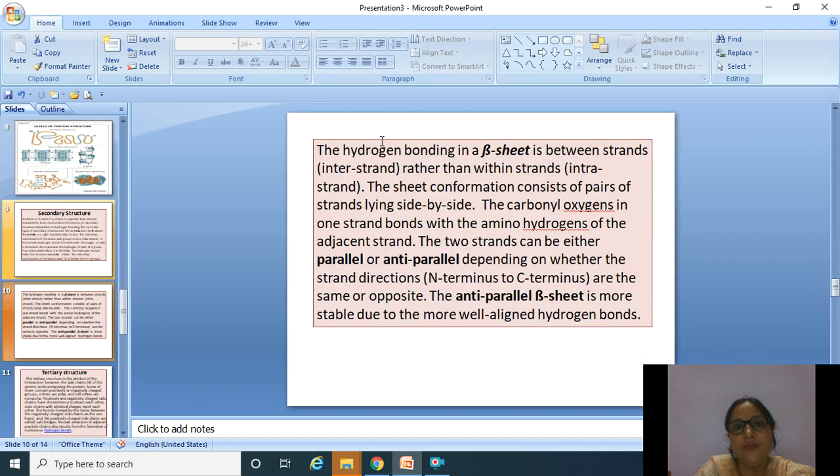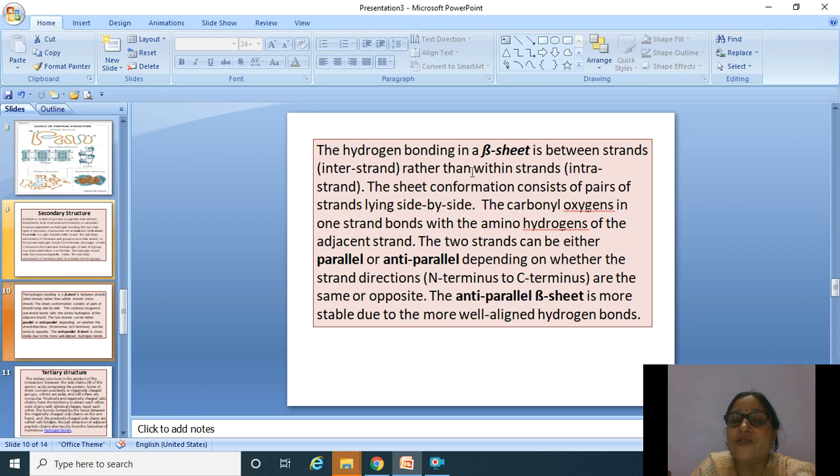The beta sheet structure, or beta pleated sheet. The hydrogen bonding in a beta sheet is between the strands. That is interstrand: when two polypeptide chains are there, hydrogen bonding occurs between the two strands, and then the beta sheet is formed rather than within a single strand.